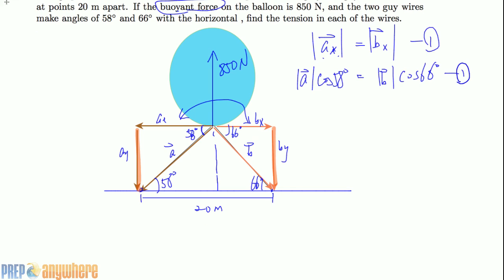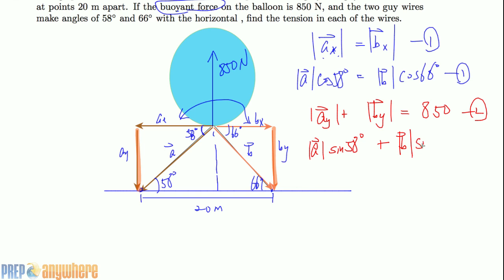So the second condition, verbally we said, was the following. That AY plus BY is going to equal to 850. AY is A, right? It's going to be sine of 58.